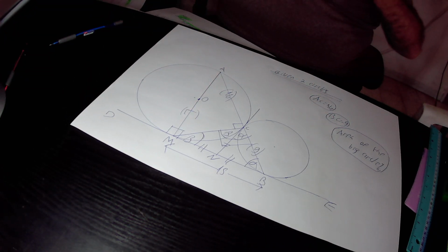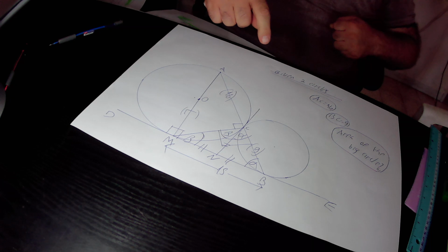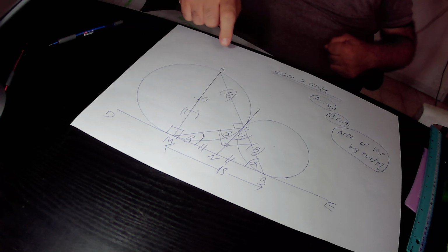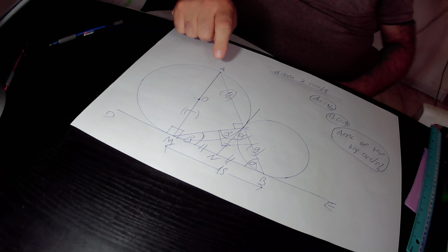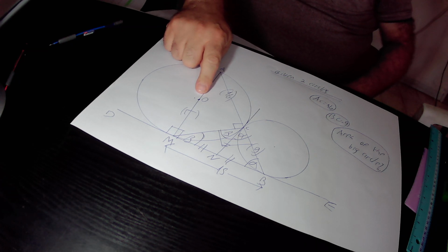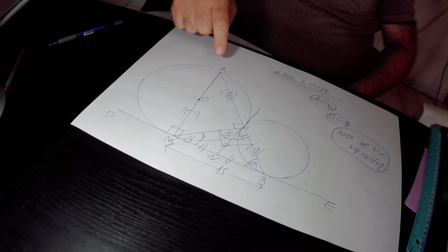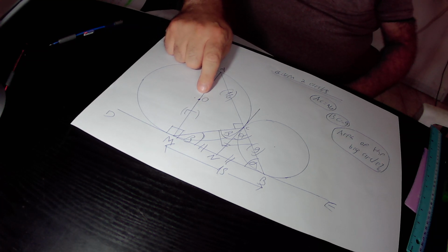And we know that the center of any circle must be located on the diameter of the circle. AM is the diameter of the big circle, and therefore the center of this big circle must be located on AM. So this is point O. It is located on AM, that is the diameter of the circle, and point O is the center of this circle.